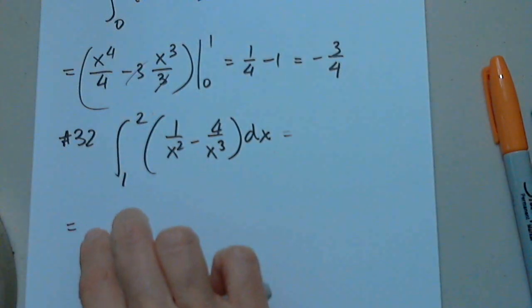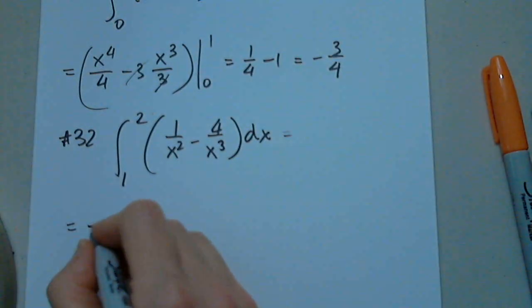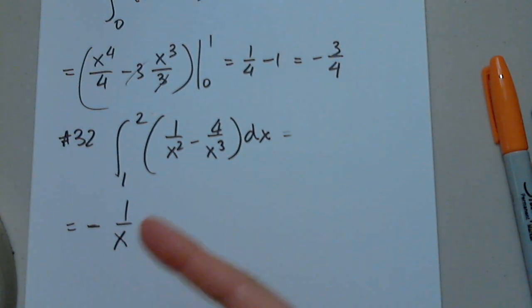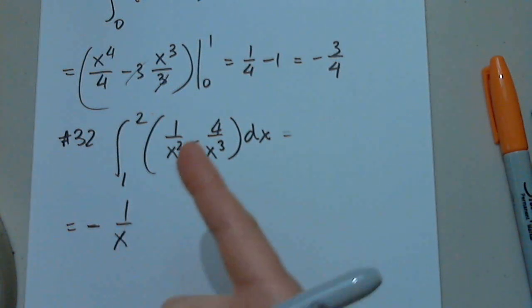Anyone remembers which function prime is 1 over x squared? So 1 over x? Yes, but with minus. When we differentiate 1 over x, we get negative 1 over x squared, so with minus in front it will give us this. Perfect. So that is done.